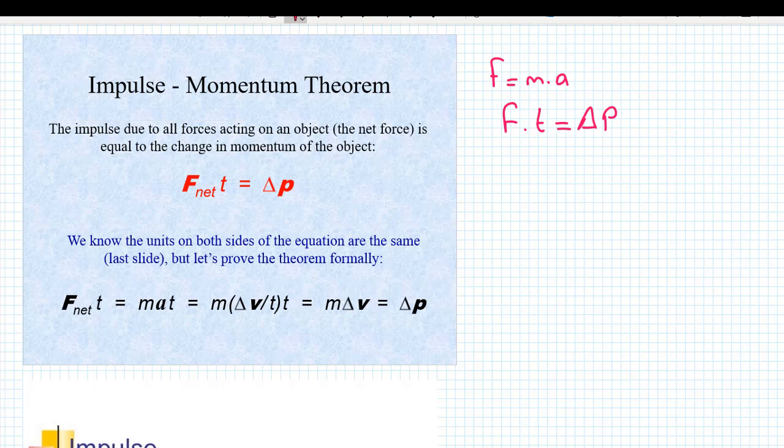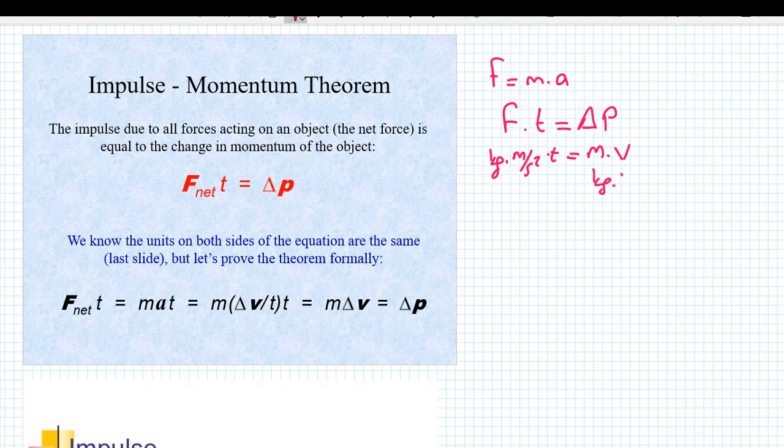Delta P, as you remember, is mass times velocity, and here F equals kilogram times meter per second squared, times time, equals mass times velocity.